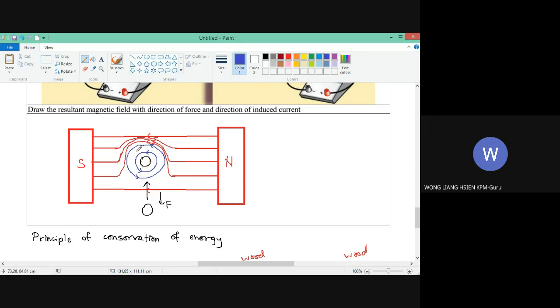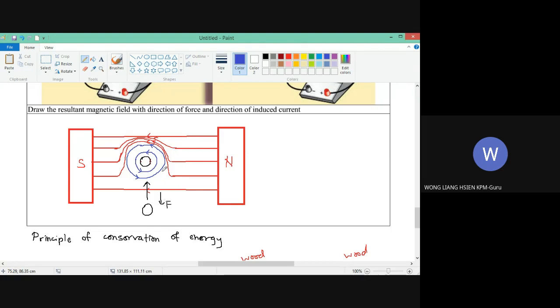I repeat, the direction of the magnetic field that is produced by the current must be in this direction, anti-clockwise. Then only can it make the magnetic field from the permanent magnet bend like this, to produce an opposing force like this.